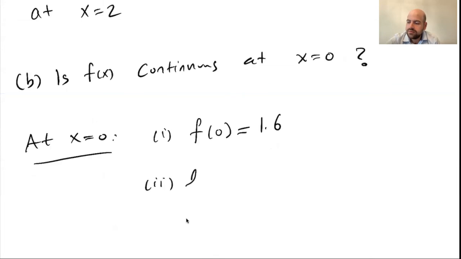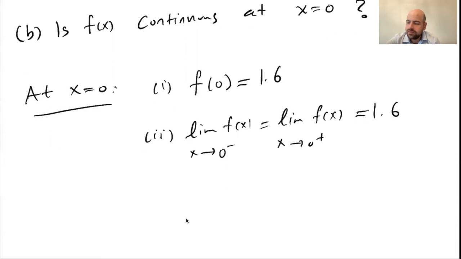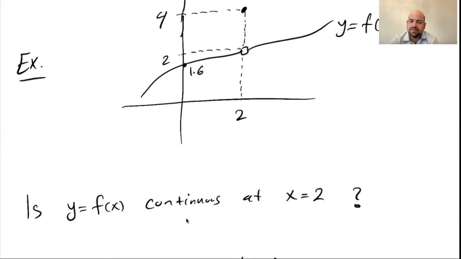Second condition, left limit and right limit. They're also both 1.6, which means the whole limit exists and is equal to 1.6. If x is a little bit less than 0 or a little bit more than 0, then the output will be very close to 1.6. So the limit will exist and is equal to 1.6.